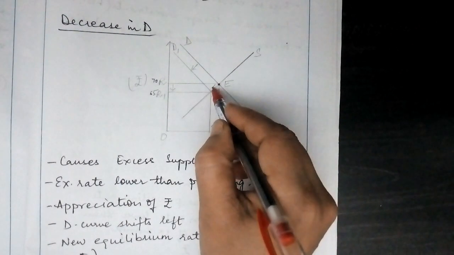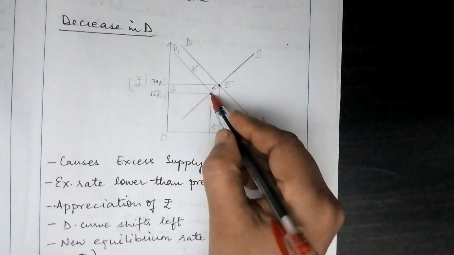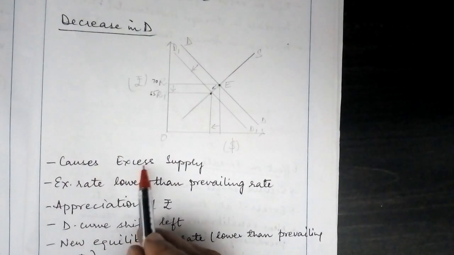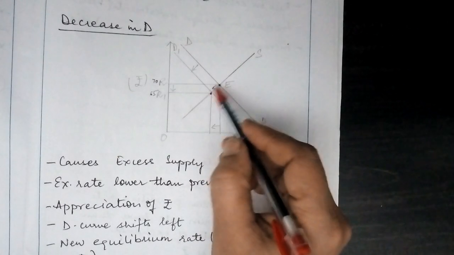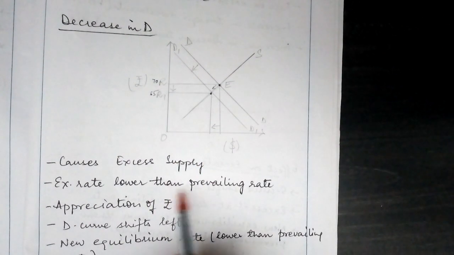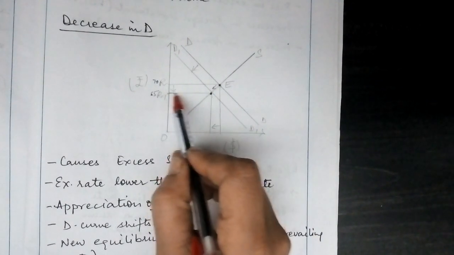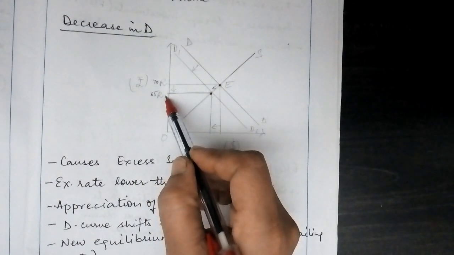So the equilibrium shifts from this point to this point. So it would cause an excess supply because supply at this point is more than this point. The exchange rate would be lower than the prevailing rate because at this point the exchange rate is R1.